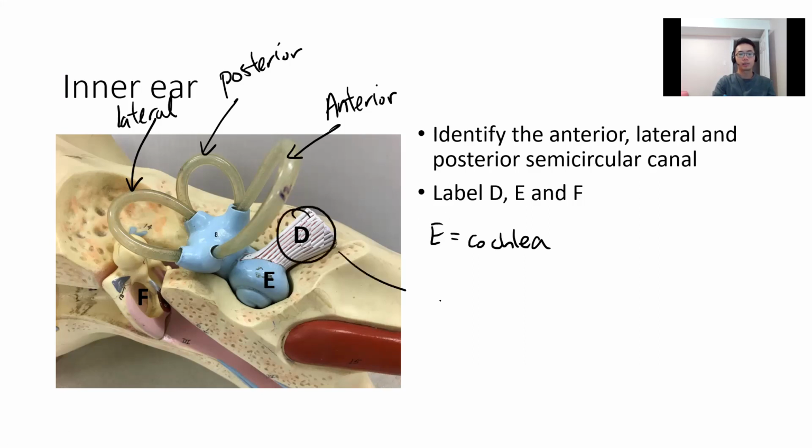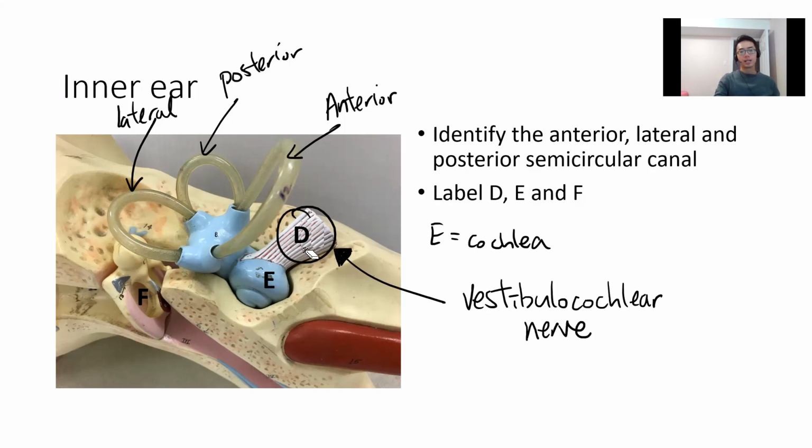D, that's another one that a lot of people don't usually get. What is D? Anybody? That is the vestibulocochlear nerve.